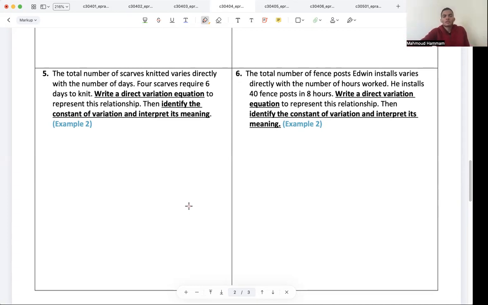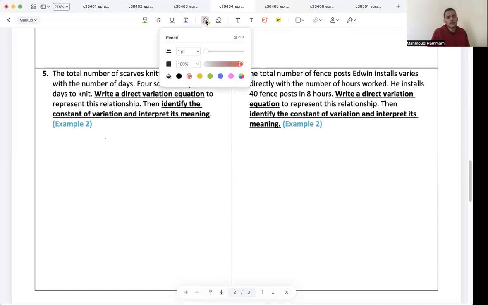The total number of scarves knitted varies directly with the number of days. 4 scarves require 6 days to knit. Write a direct variation equation, one equation, to represent this relationship. Then identify the constant of variation, which is the slope, and interpret its meaning. So he's asking for 3 things. This is the same question that came in the quiz, but with different numbers and different meanings.